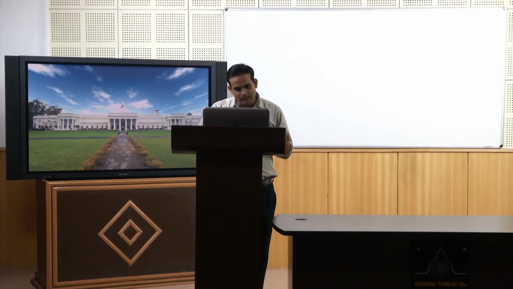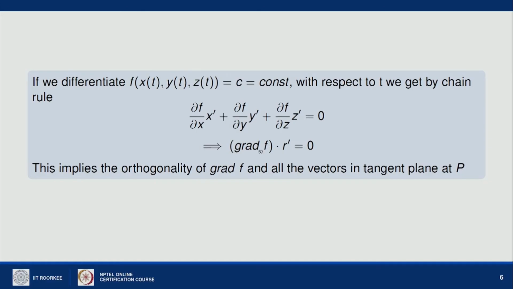If you see this, it is the dot product of grad f, which is del f over del x i plus del f over del y j plus del f over del z k, dot r dash, which is x dash i plus y dash j plus z dash k. So, I can write this equation in the form of the dot product of these two vectors.